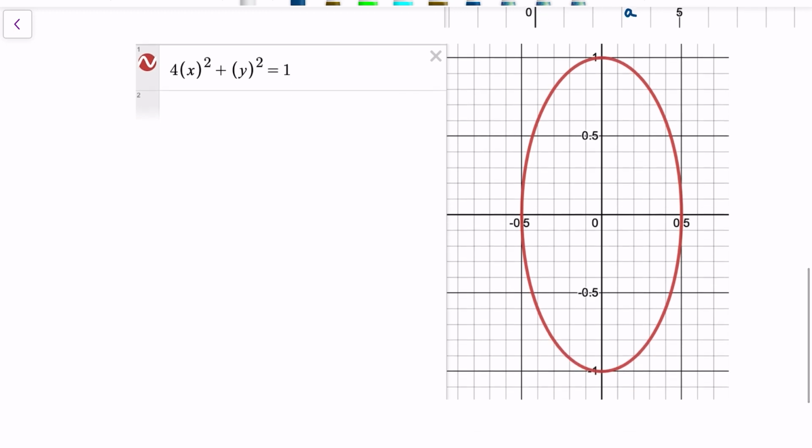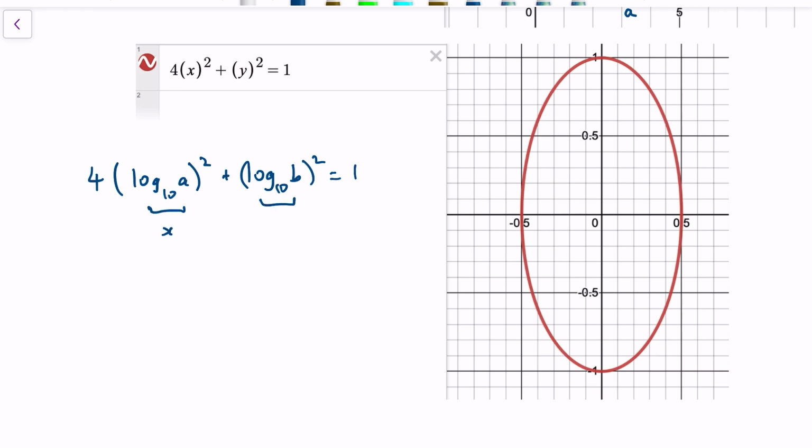So what I've done is I've replaced the log base 10 of A part and the log base 10 of B part. I've made a substitution, replaced them with x and y. And then what I'm looking for is the biggest value of x, because if I graph 4x squared plus y squared equals 1, it's an ellipse.